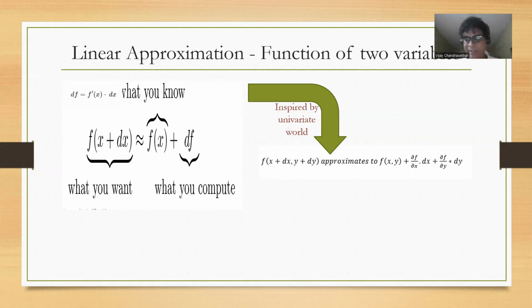And we saw that if we introduce a second order expression from the Taylor series, the approximation gets much better. It's much closer as compared to just working with the first order approximation. So let's see if we can do something similar in the bivariate world.